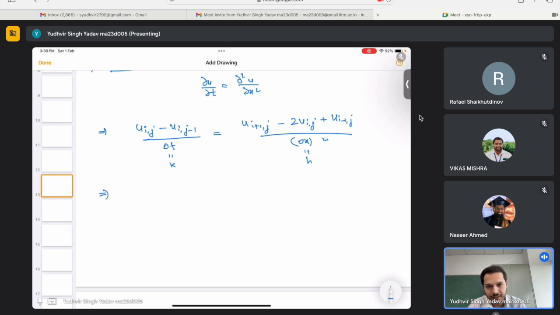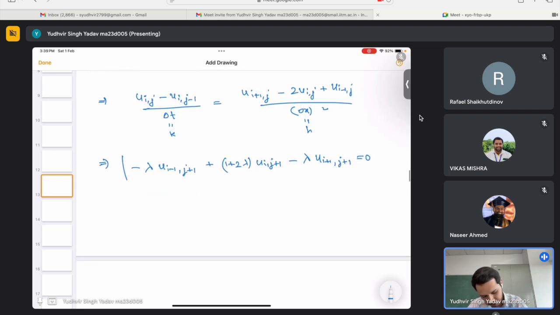After simplifying this, we will arrive at the final scheme. So this is the Laasonen scheme.